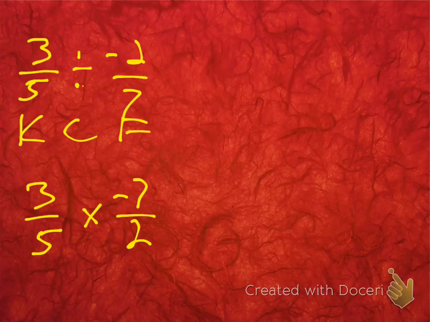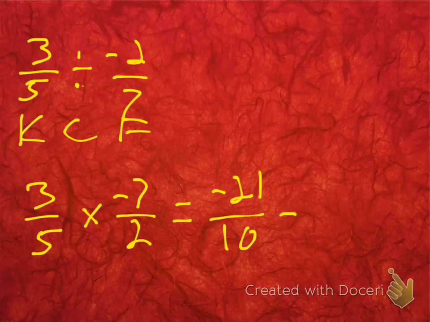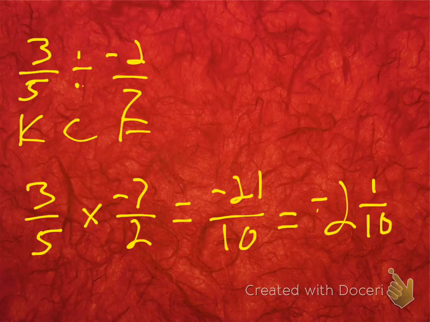The negative stays on top. 3 times negative 7 is negative 21. 5 times 2 is 10. How many times will 10 go into 21? 2 times. And what's left over? 1/10. That's division.